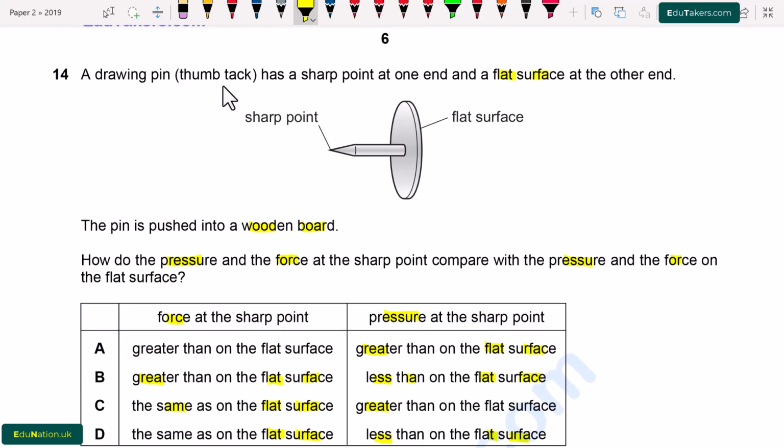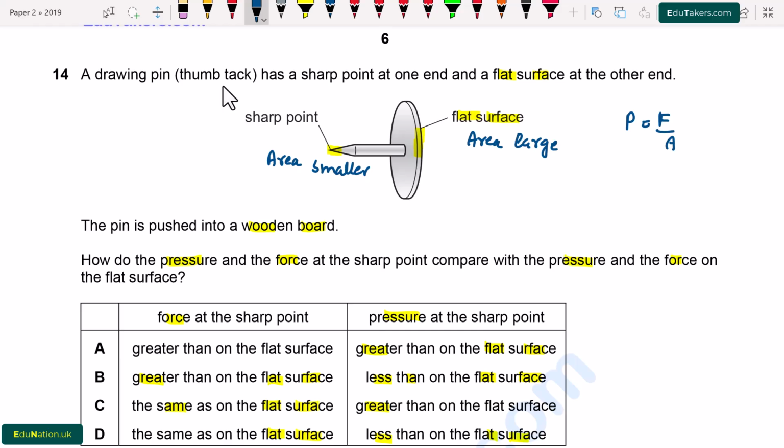First of all, we can see here there is a sharp point while there is also the flat surface. Both of these are in opposite direction. The area of the sharp point is smaller as compared to the area of flat surface. And we know that pressure is equal to force over area.